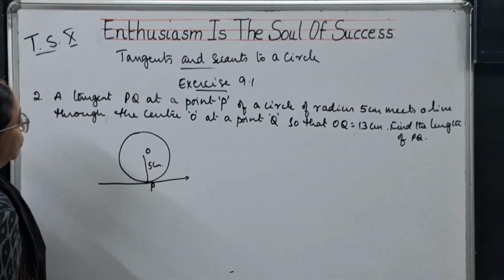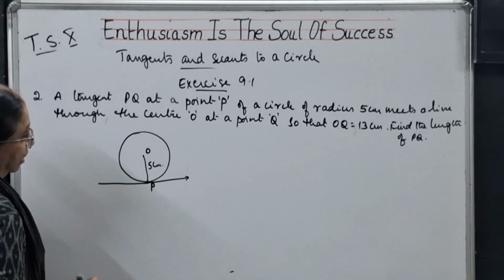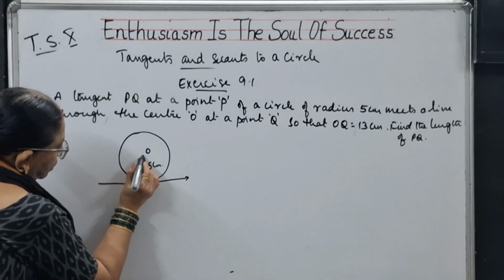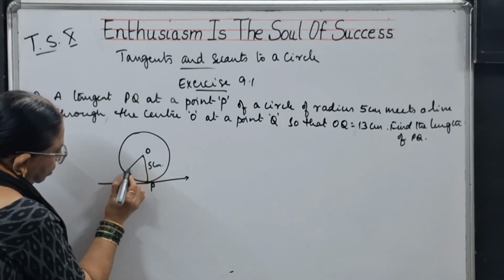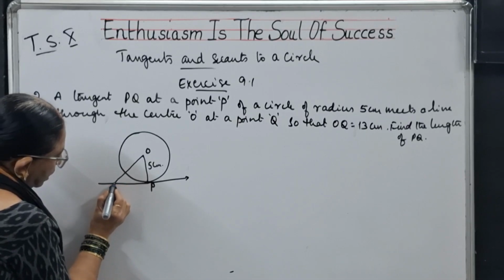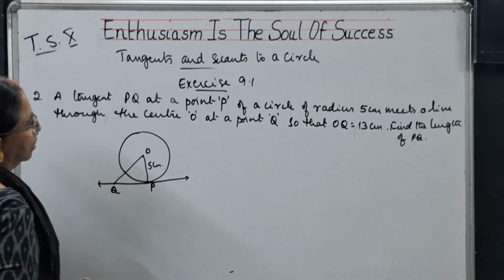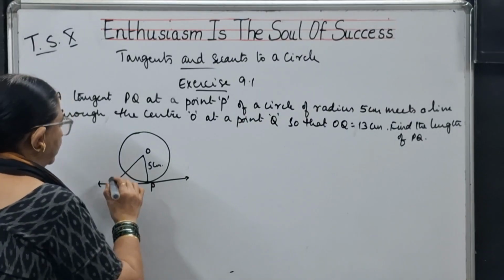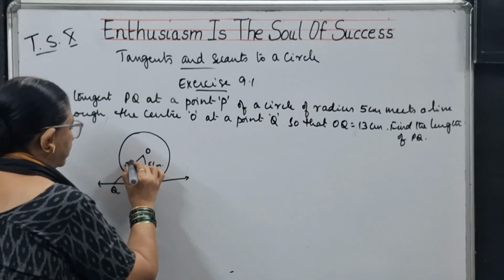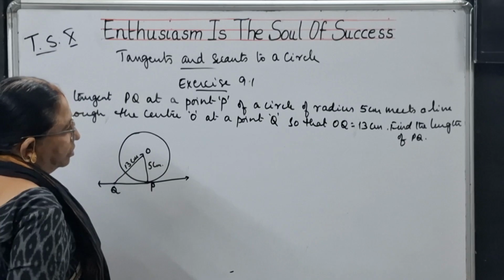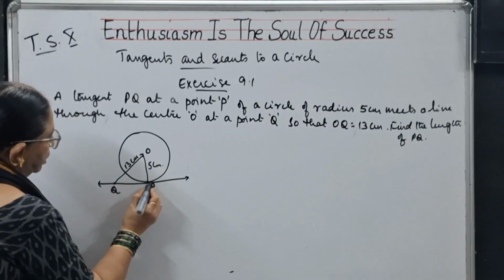It meets a line through the center at a point Q. Means through the center a line is drawn, and this is meeting the tangent at a point Q. Now, OQ is 13 centimeters. Then find the length of PQ.